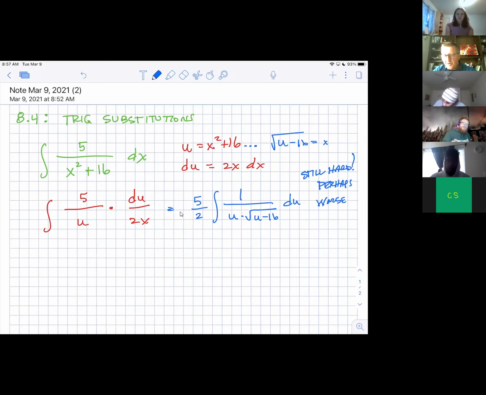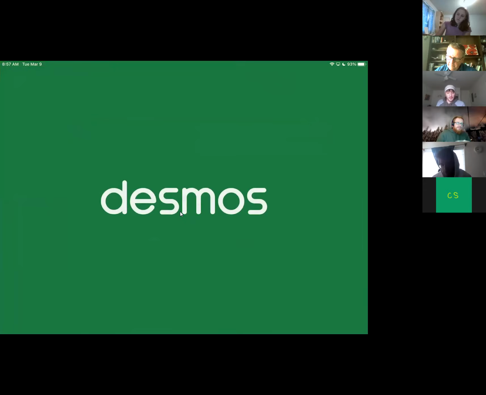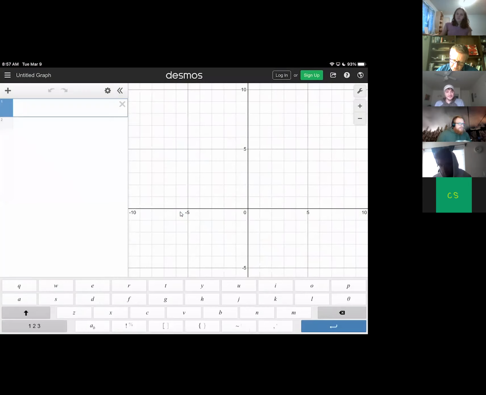Now, just for a second, I want to show you something I haven't showed you much before, but I want to show you that this actually worked. So let's make a definite integral out of this. Let's go to the integral of 5 over x squared plus 16. So I'm going to go into Desmos, and I'm just checking my work here.